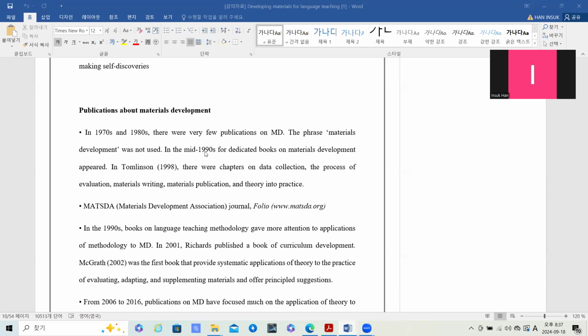But in the mid-1990s, four dedicated books on materials development appeared, including Tomlinson 1998. There were chapters on data collection, the process of evaluation, materials writing, materials publication, and theory into practice. So after the 1990s, materials development started to emerge as an area of language teaching and language learning.